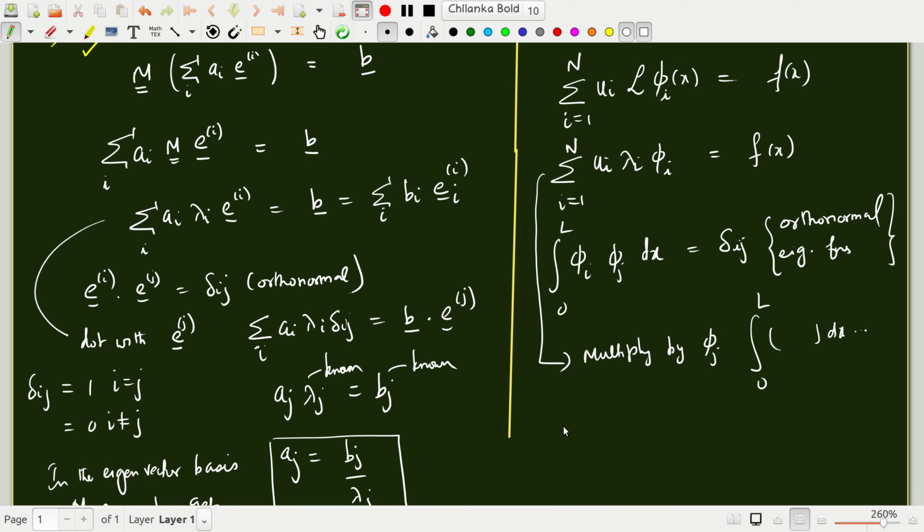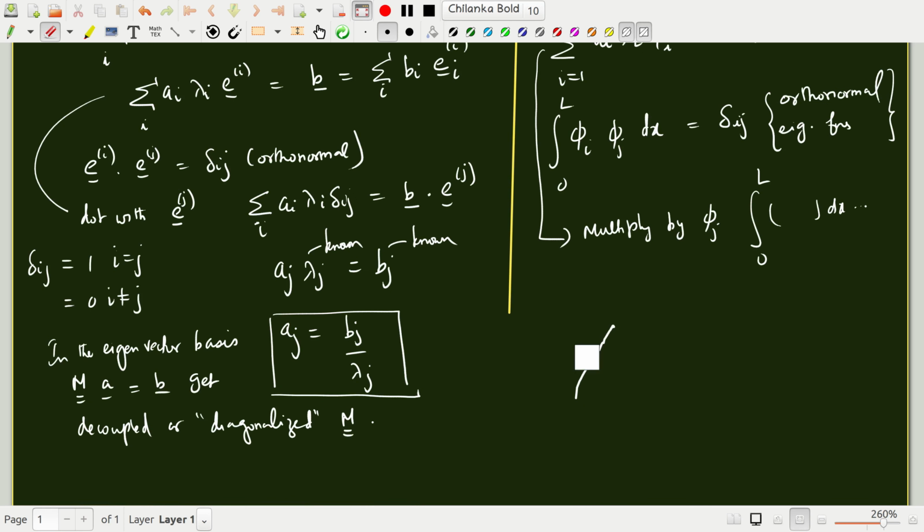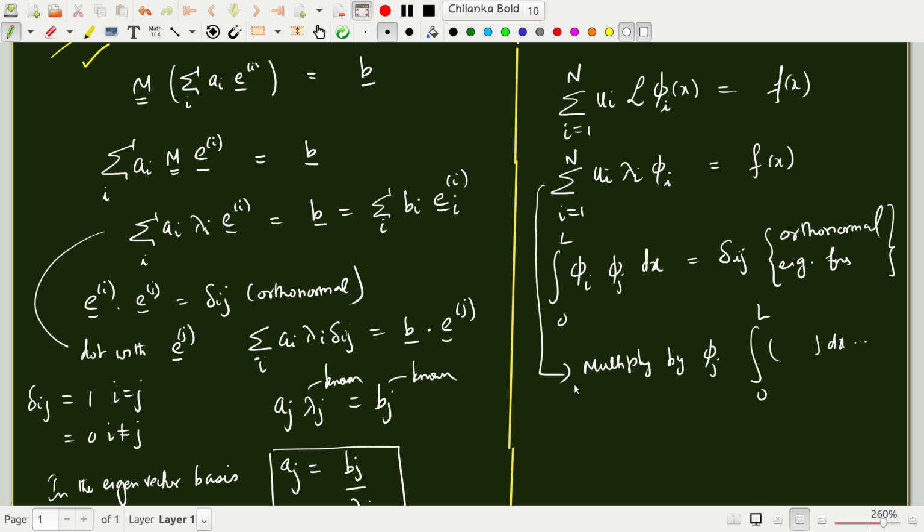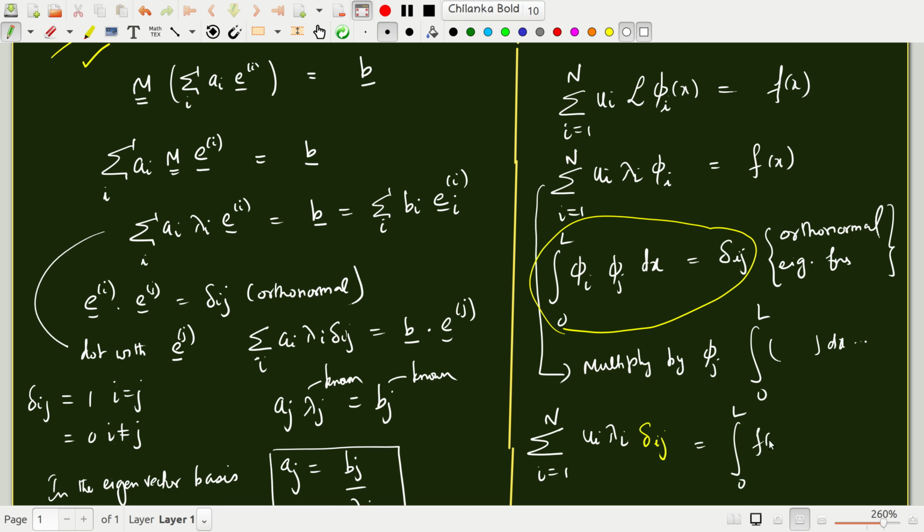Once I do that, I'll find that you have the summation i equal to 1 to n of ui lambda i, times the integral of phi i phi j dx, which is delta ij, equal to the integral from 0 to L of f of x times phi j of x dx.